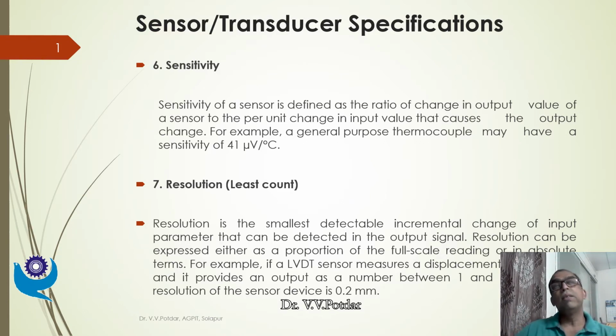Taking this case, if it is measuring a displacement of, let us say, 20 millimeter, for example, and if the LVDT scale has 100 divisions, 1 to 100 divisions, then the resolution, or the minimum detectable value that this LVDT transducer would be able to measure, would be this 20 millimeters divided by 100.